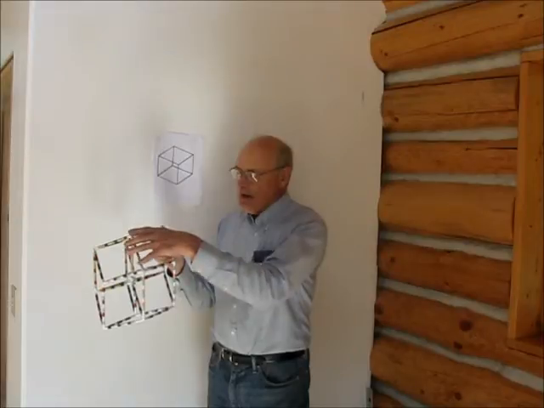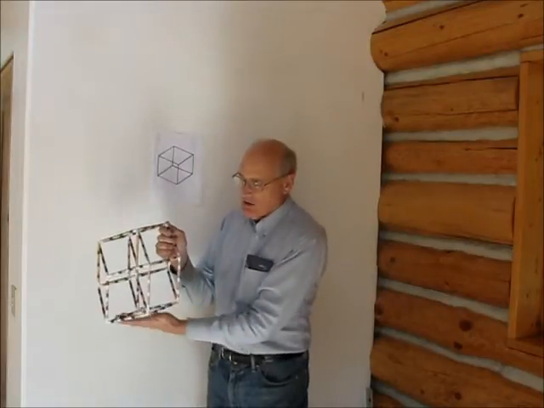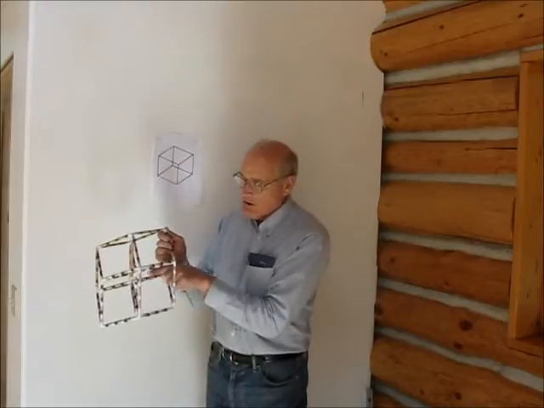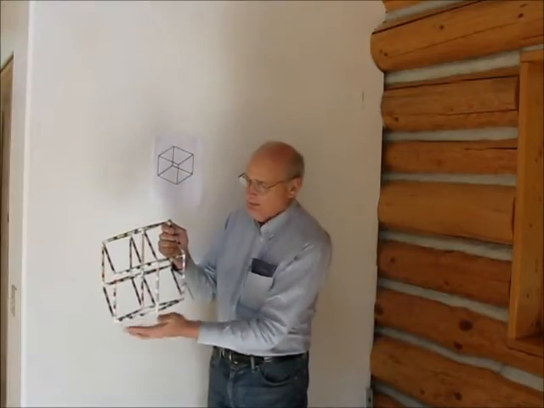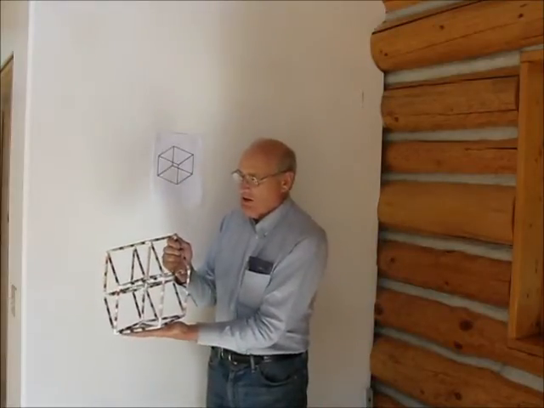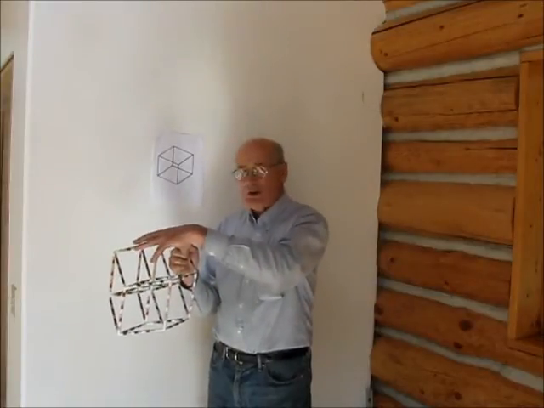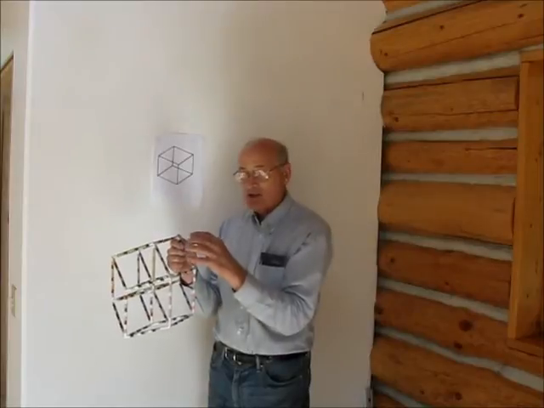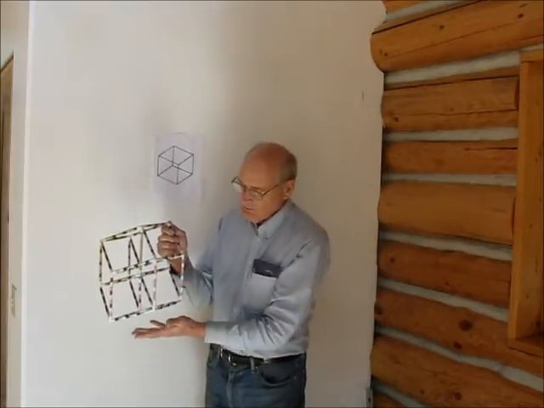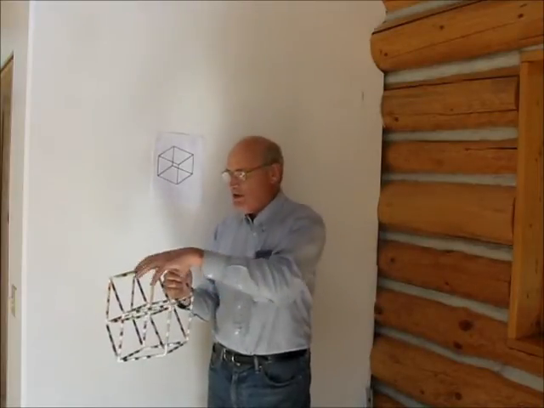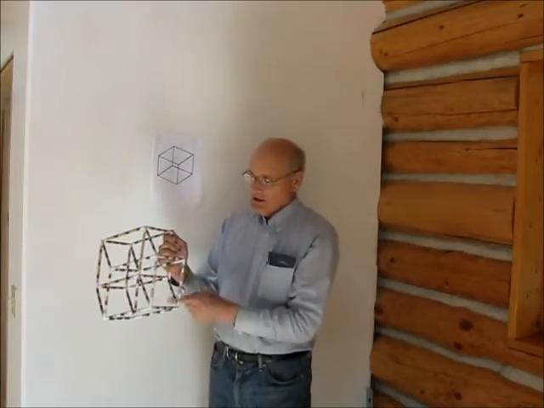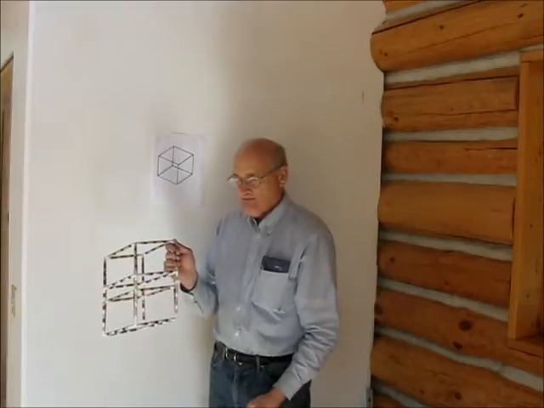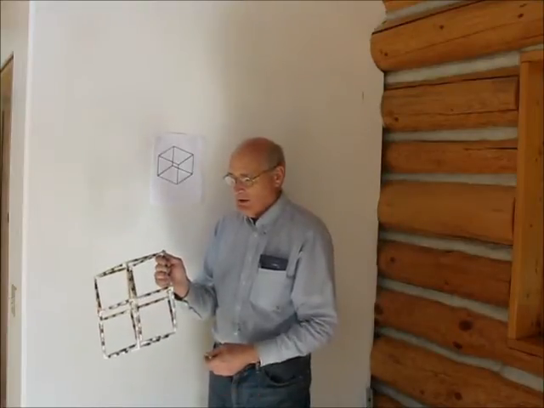And if you follow any of those lines or all of those lines straight down, lo and behold, they land on the corners of another cube. That's the matching cube. It's exactly congruent to the one you're holding and oriented in the same position. I mean, even the projection is congruent. And so once you see this cube on top, you can easily see the one on the bottom. So they come in pairs.